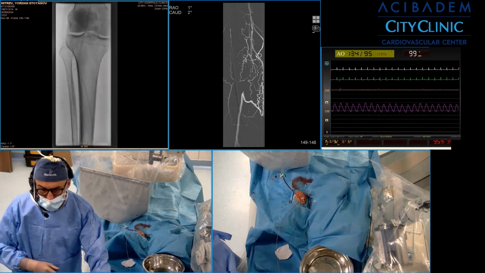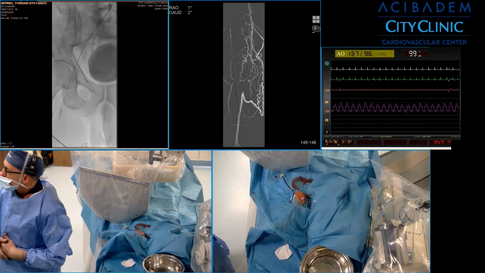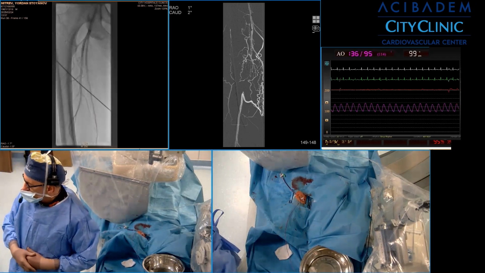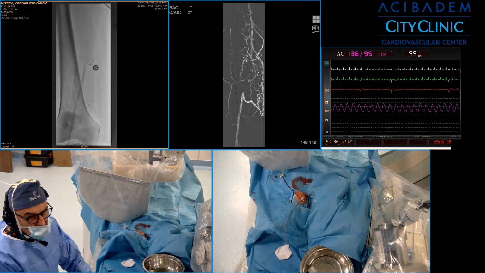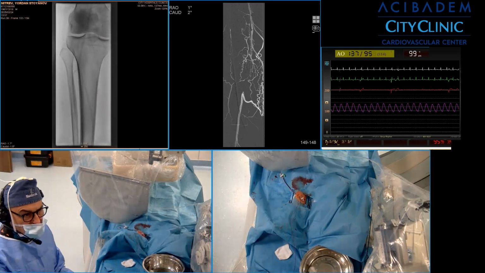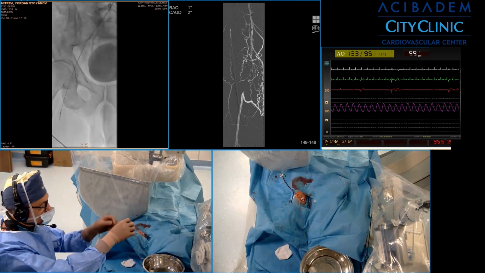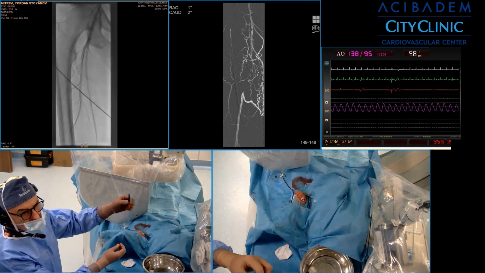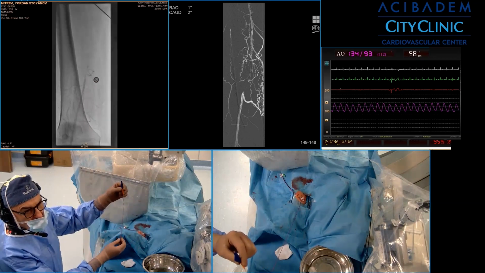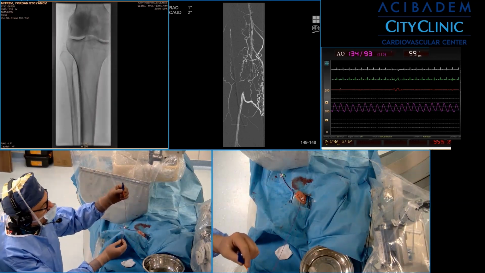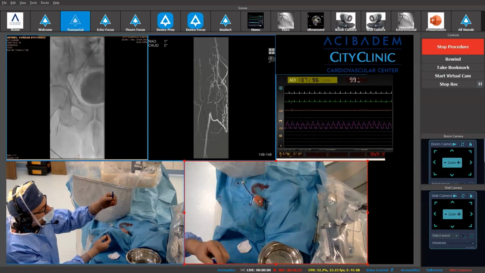Advantage, yeah. We have already discussed that we prefer Advantage very much. By the way, I don't know if it is possible for the camera to take a look at the microcatheter, but you can probably observe that there is a backflow. So you see there is a slow backflow from the microcatheter.